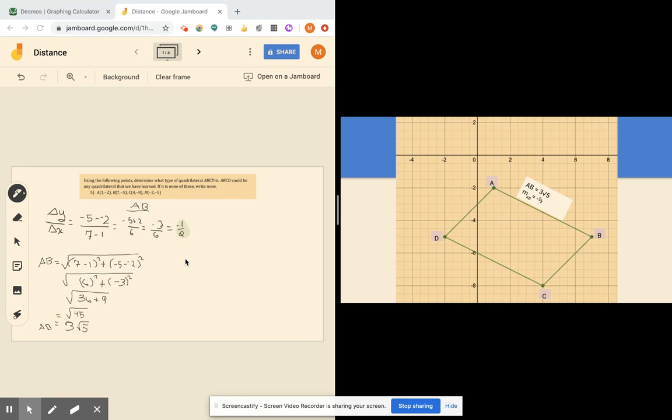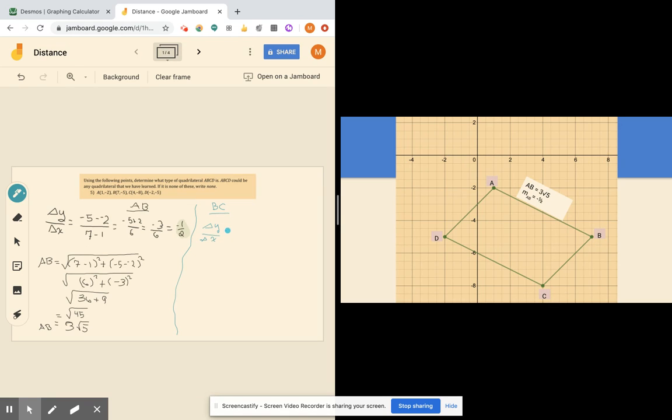Now, if we're trying to see if this is possibly a parallelogram, we could go right away and look for CD. But let's just take each side as it comes. So let's look at BC next and see what we get. Our next set would be BC. Same idea: change in y over the change in x.